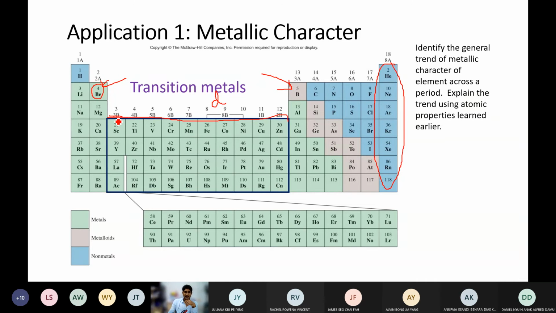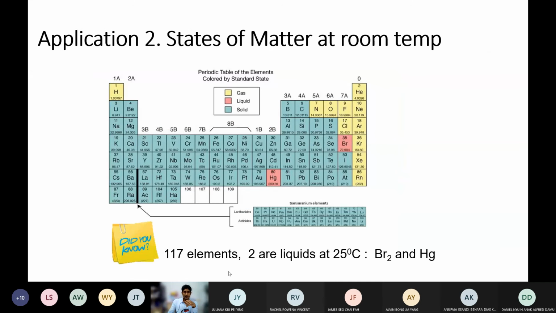So for them, it is easier to remove the electrons from the outer shell, and that is why they have metallic characteristics, because we call them metals since they remove the electrons from their side. They try to be oxidized. They are easy to be oxidized by losing the electrons.